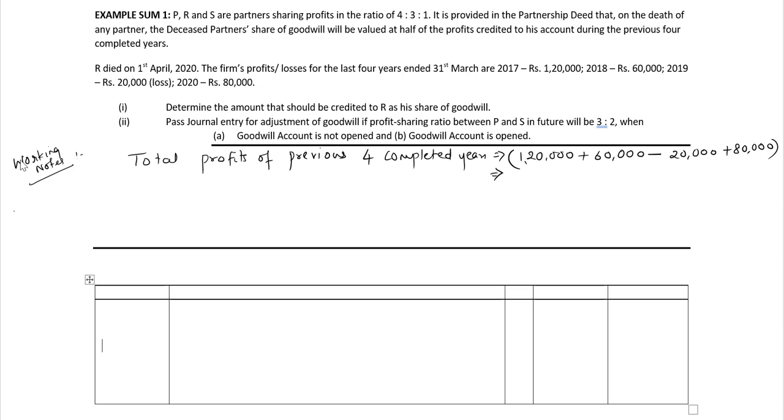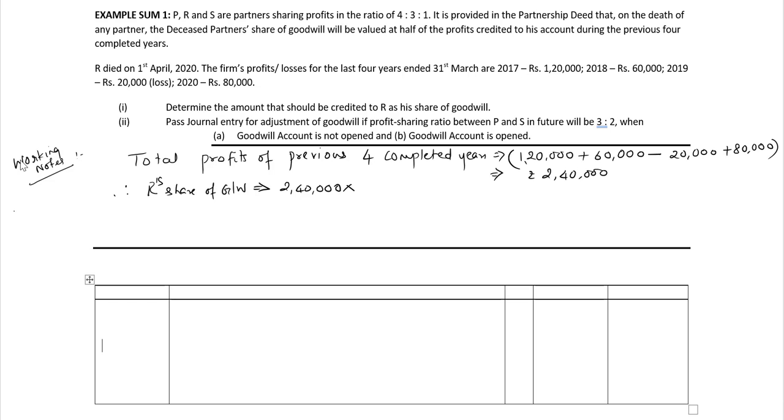This is equal to rupees 2,40,000. That's the total profits of the previous 4 completed years.